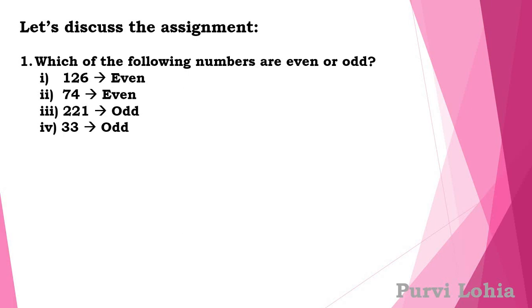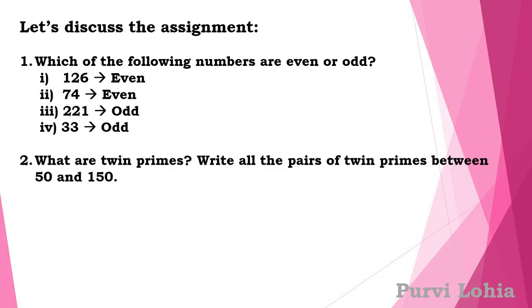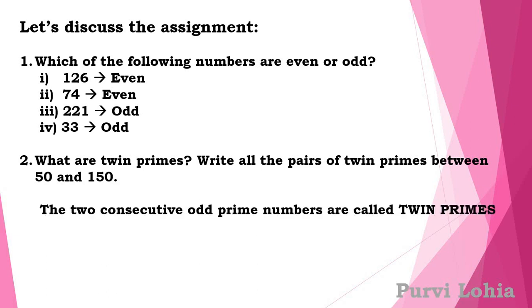Second, what are twin primes? Write all the pairs of twin primes between 50 and 150. So twin primes are the two consecutive odd prime numbers. Consecutive means coming after one another.